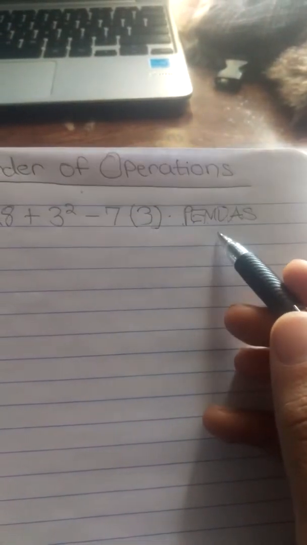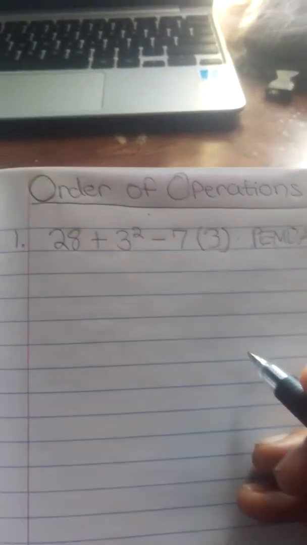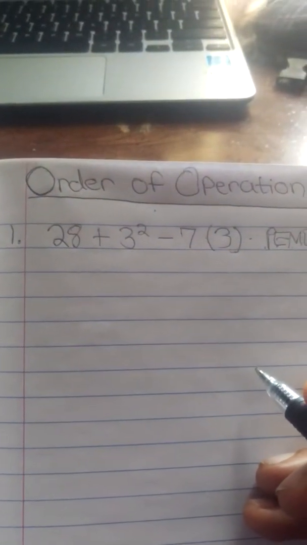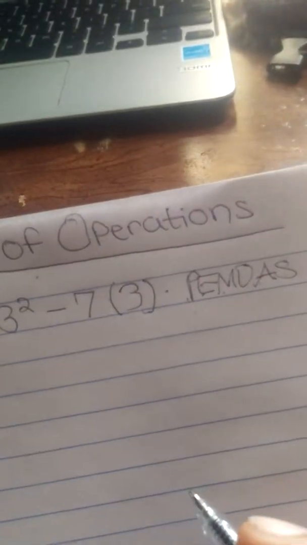So we see that we have 28 plus 3 squared minus 7 times 3. And with that, just keep in mind that you want to look at your acronym. Please excuse my dear Aunt Sally. So I'm looking at the problem. I only see exponents, multiplication, subtraction, addition.